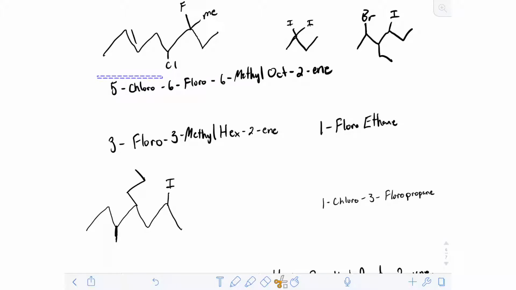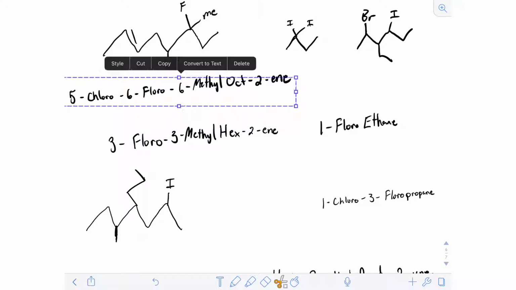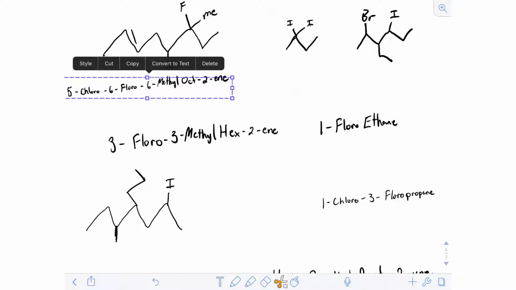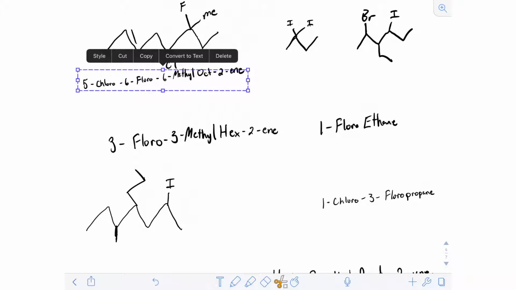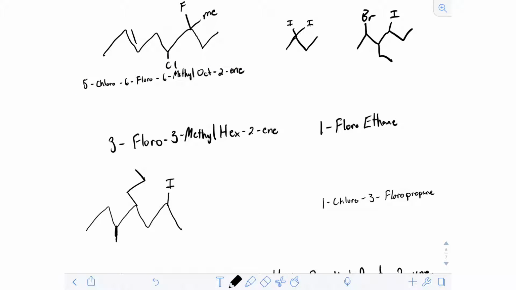Scoot that over. All right, and then the next one over, we've got 2,2-diiodobutane.